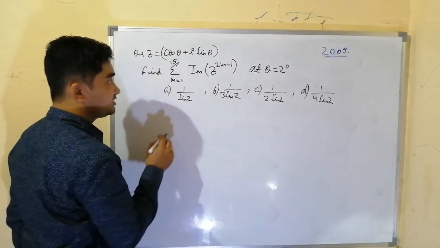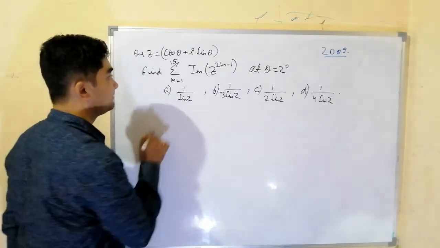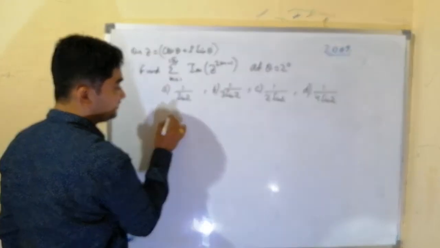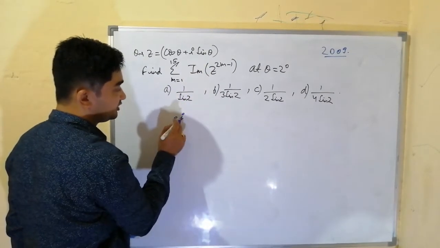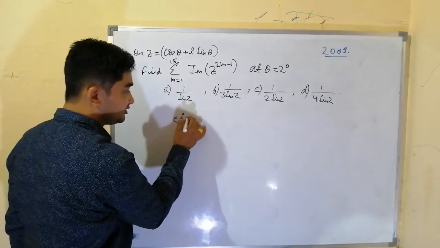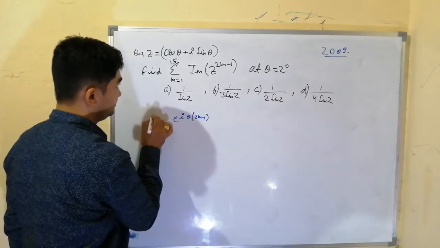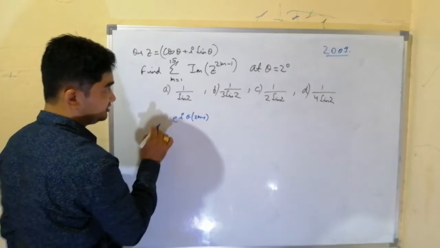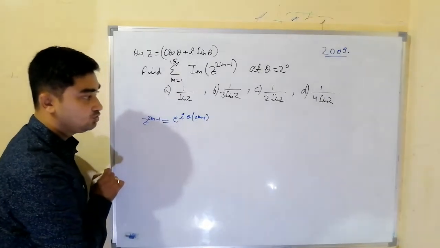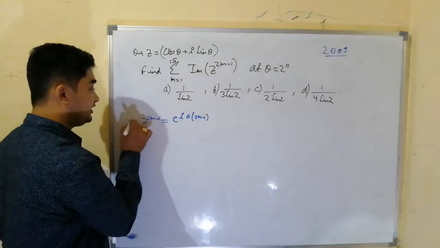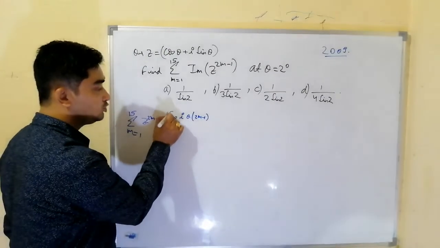What is z? Cos theta plus iota sin theta or e power iota theta. We have to find the value for this summation. M is from 1 to 15. Imaginary part of z power 2m minus 1. What is z power 2m minus 1? E power iota theta into 2m minus 1, where m will vary from 1 to 15.